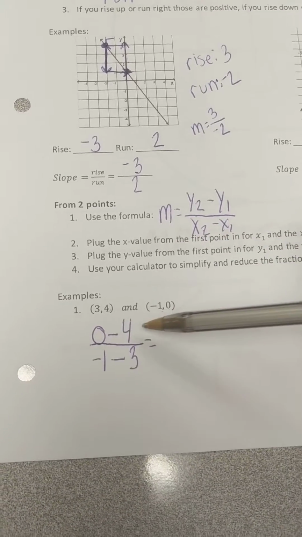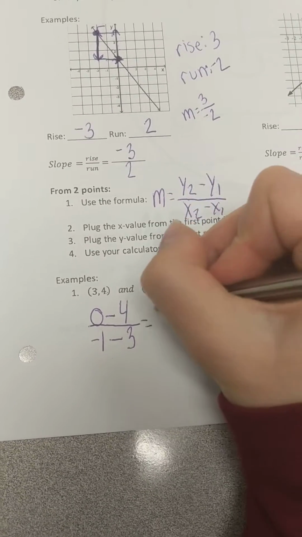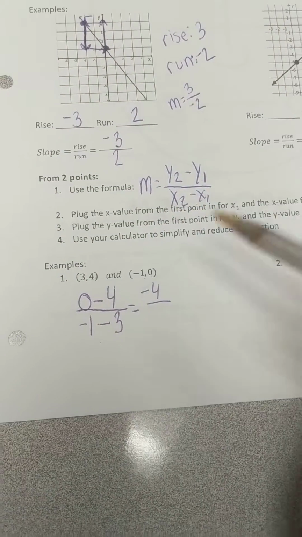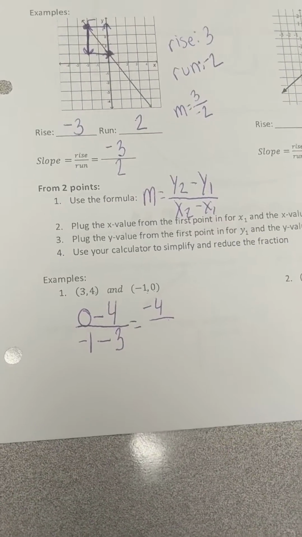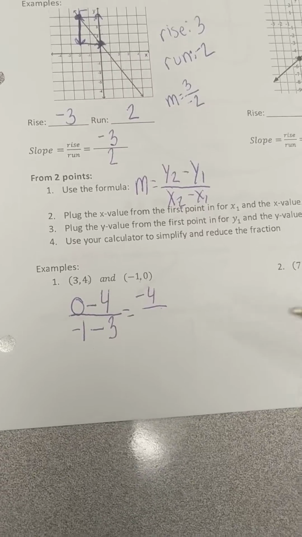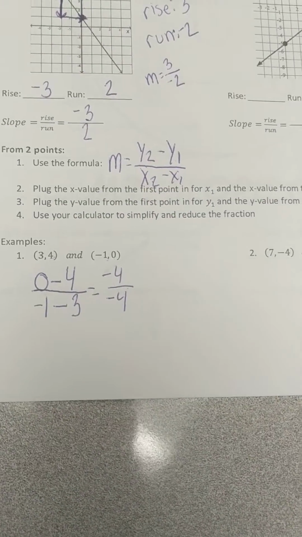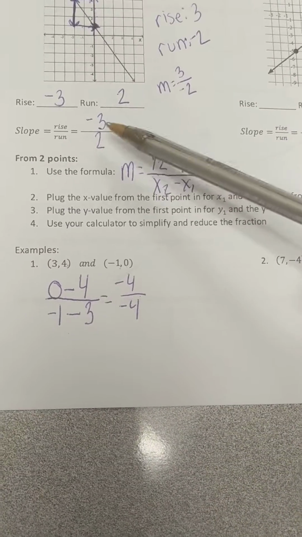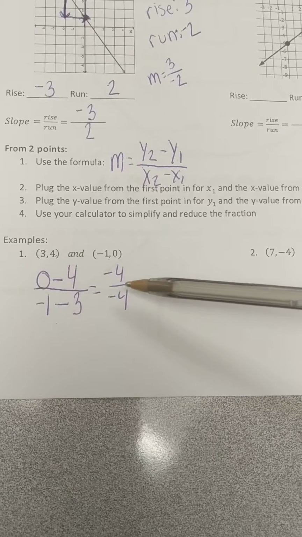So 0 minus 4, if you need a calculator, get a calculator. 0 minus 4 is negative 4, divided by negative 1 minus 3. Again, if you need a calculator, you can get a calculator. Negative 1 minus 3 is negative 4. Then, just like we talked about back up here, you need to see if your slope can simplify or reduce.